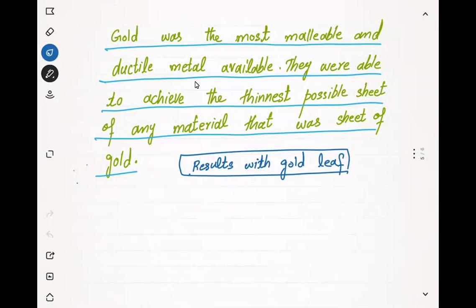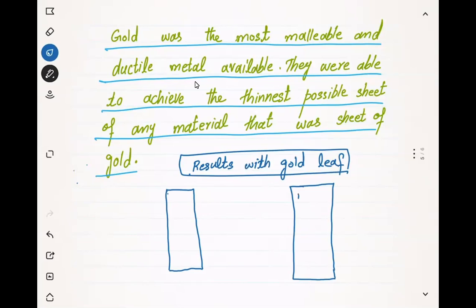Let's suppose, if we have a sheet of gold, then there are two possibilities.